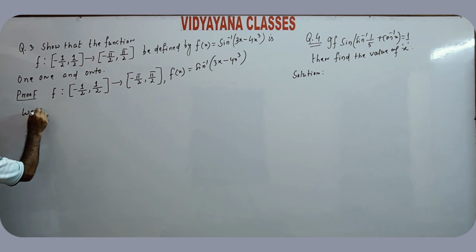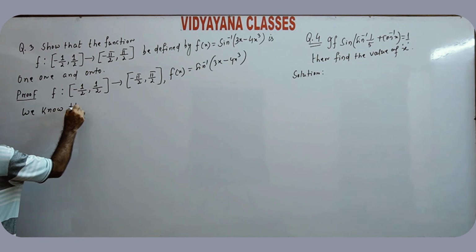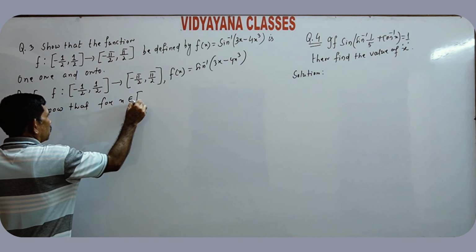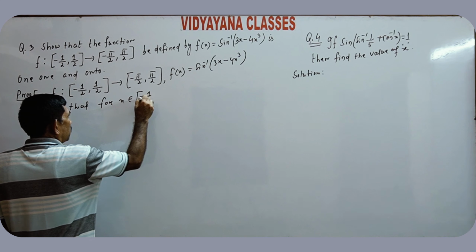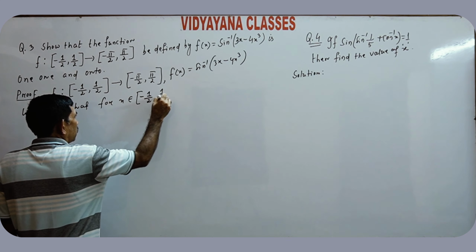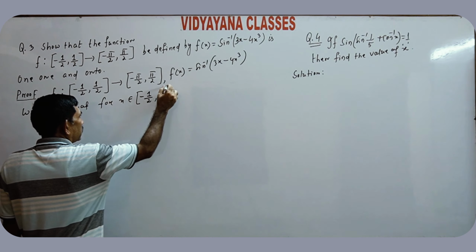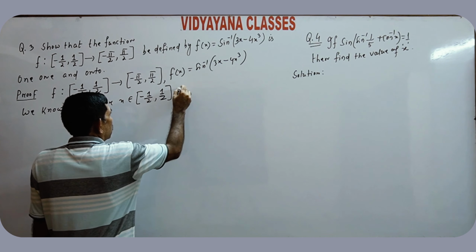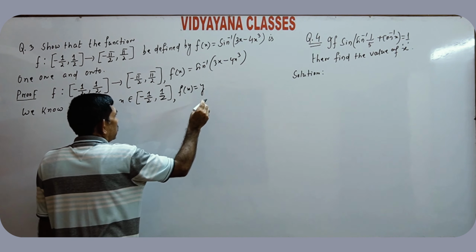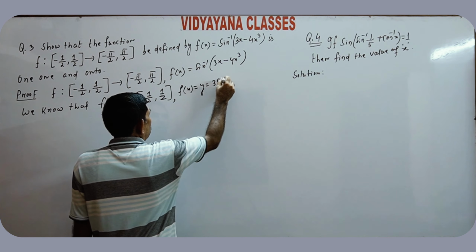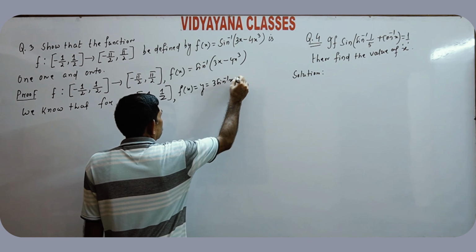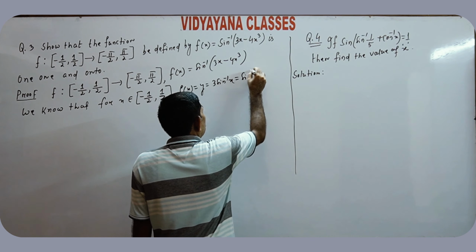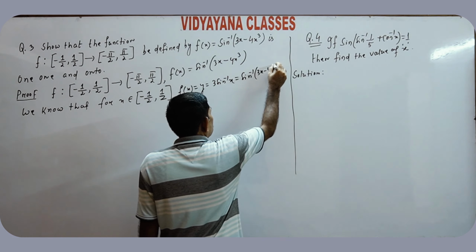We know that for x belongs to [-1/2, 1/2], f(x) = y = 3 sin⁻¹x, which is the same as sin⁻¹(3x − 4x³).